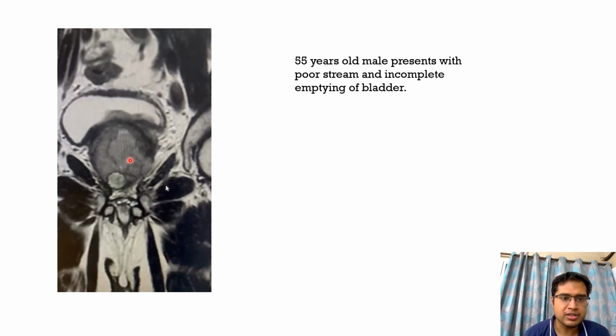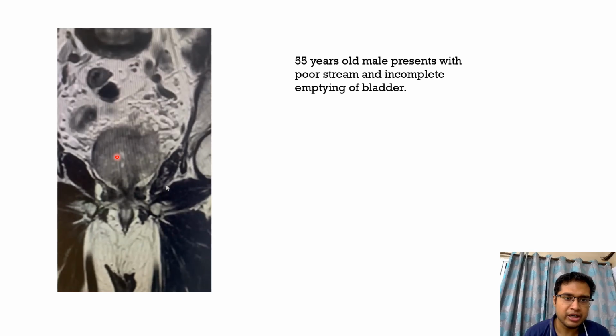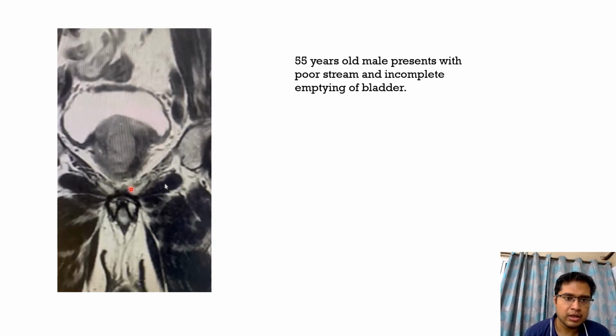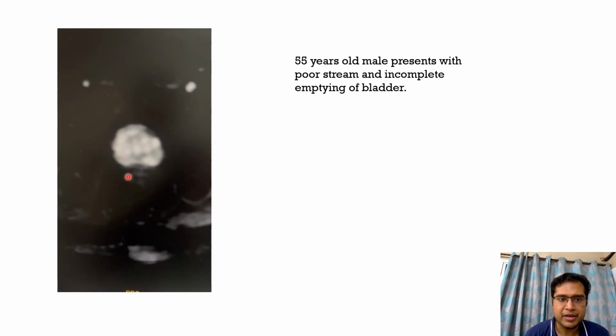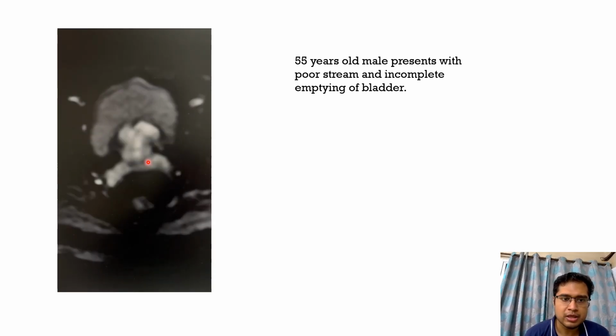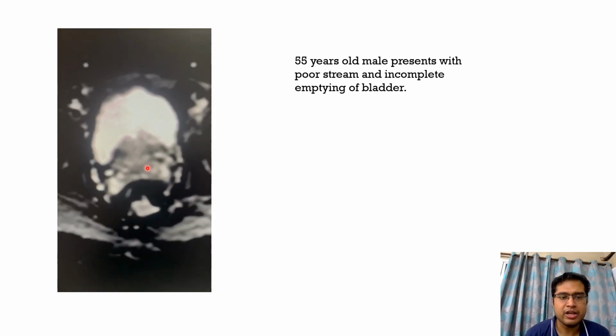These are the coronal images, where again we can see that ill-defined hypointensity along with multiple large nodules in the central gland as well as the hyperintense peripheral zone. These are the DWI images, where we don't see any evident restriction in any nodule.